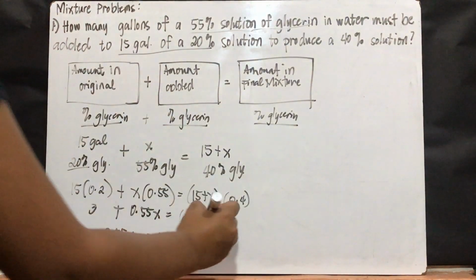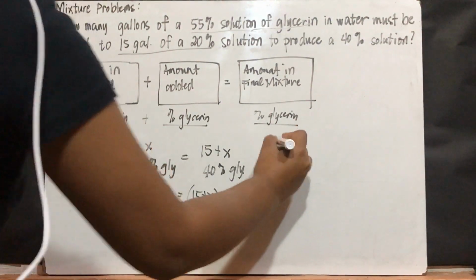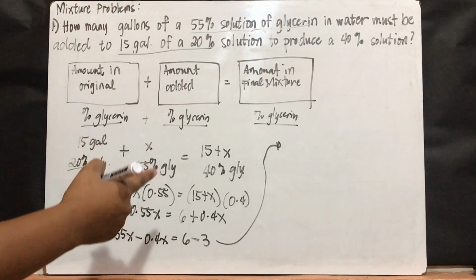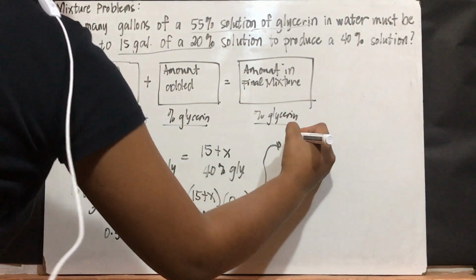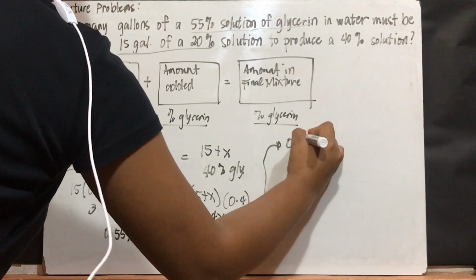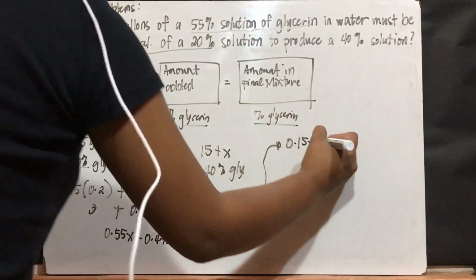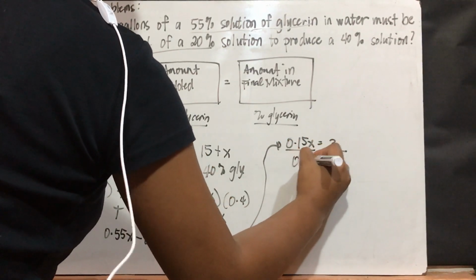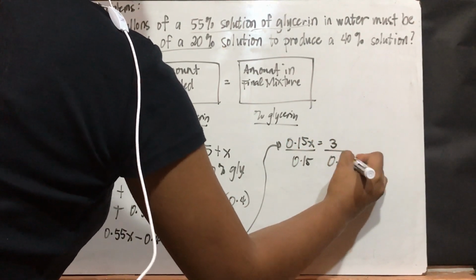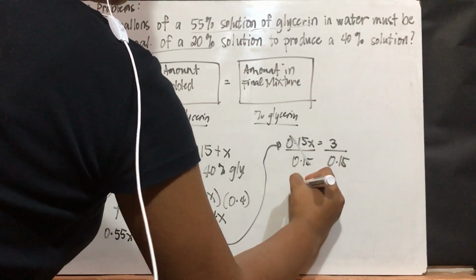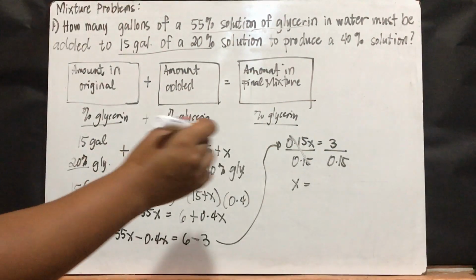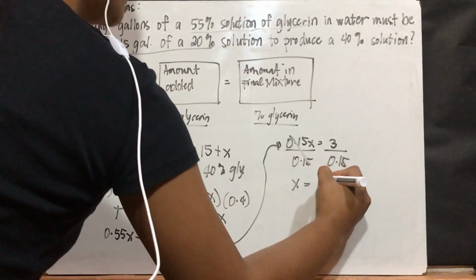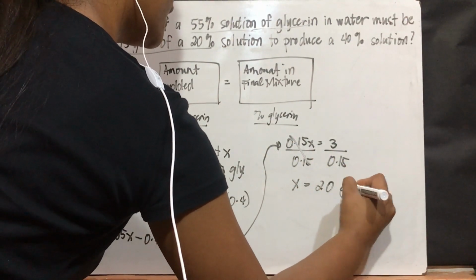And then simplifying further, dito na natin ituloy. 0.55x minus 0.4x, that will be equal to 0.15x equal to 6 minus 3 is 3, and then dividing both sides by 0.15, so we will be left with the unknown variable x, and your x is equal to 3 over 0.15, that will be equal to 20 gallons.